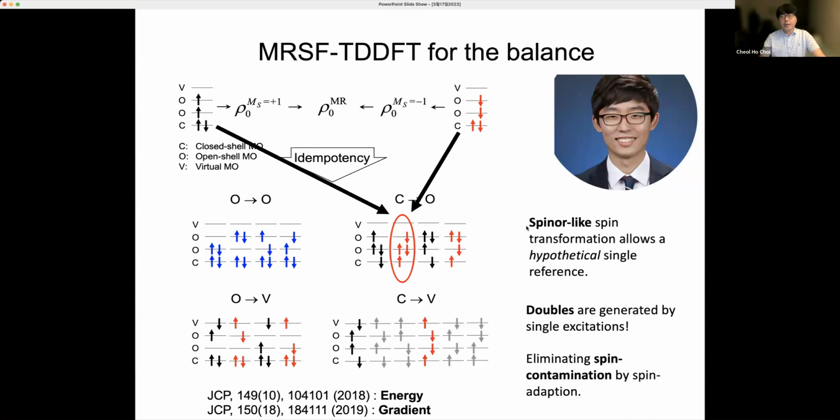By doing this transformation, we could combine these two references into a single hypothetical reference. As soon as you have a single hypothetical reference, your density becomes idempotent, and the rest is straightforward. So we were able to develop the energy, and also soon derive its gradients.